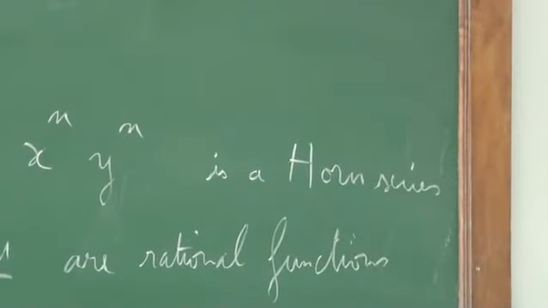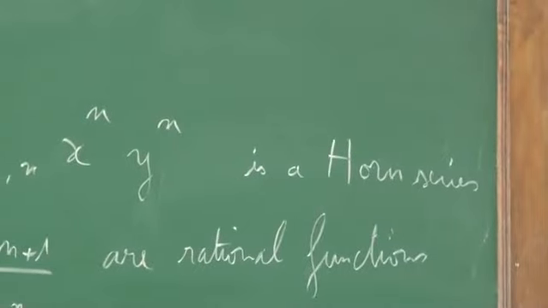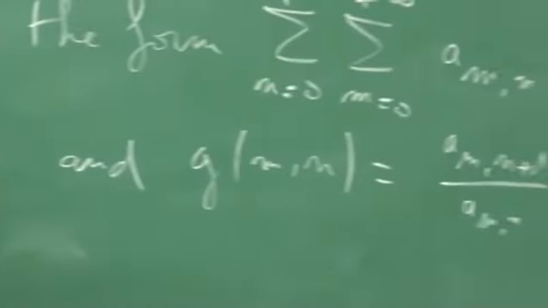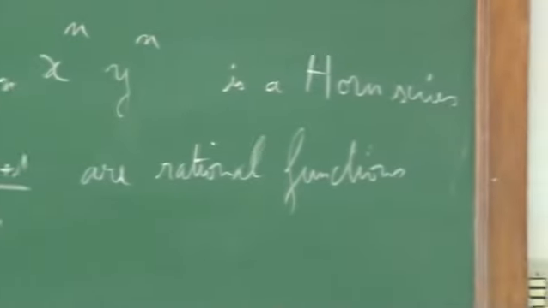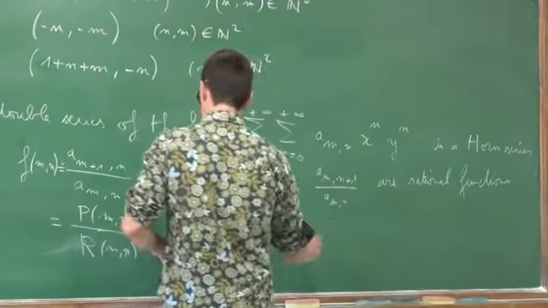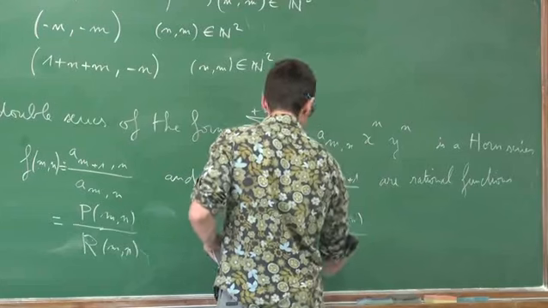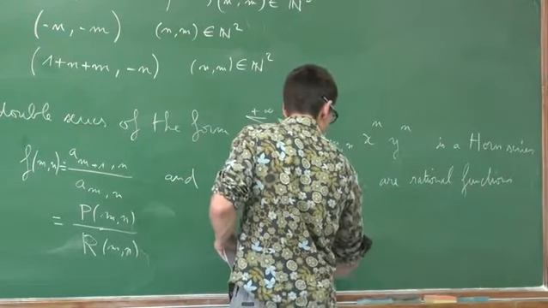This means that you can rewrite them as a polynomial P divided by R, another one, and this Q and n divided by S and n.